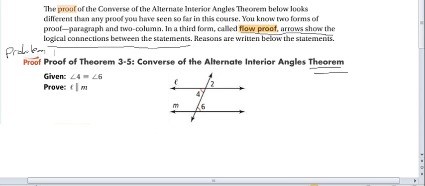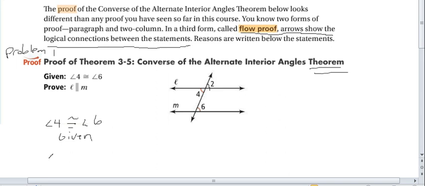So we are first given that angle 4 and angle 6 are congruent. Our flow proof would look like this. We'd have angle 4 is congruent to angle 6, and that was given. Looking at this picture, we know that these two angles, 2 and 4, are across from each other, which means that they are vertical angles.